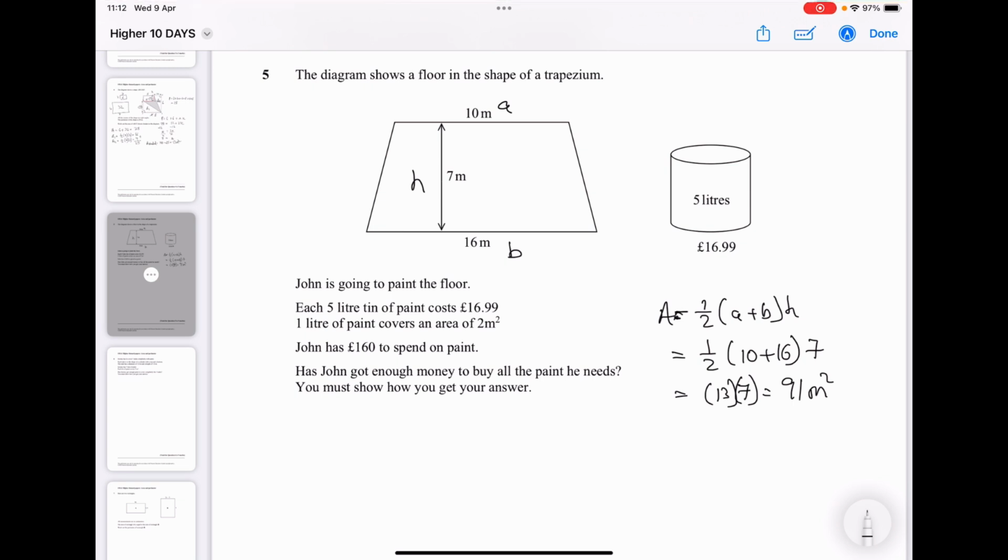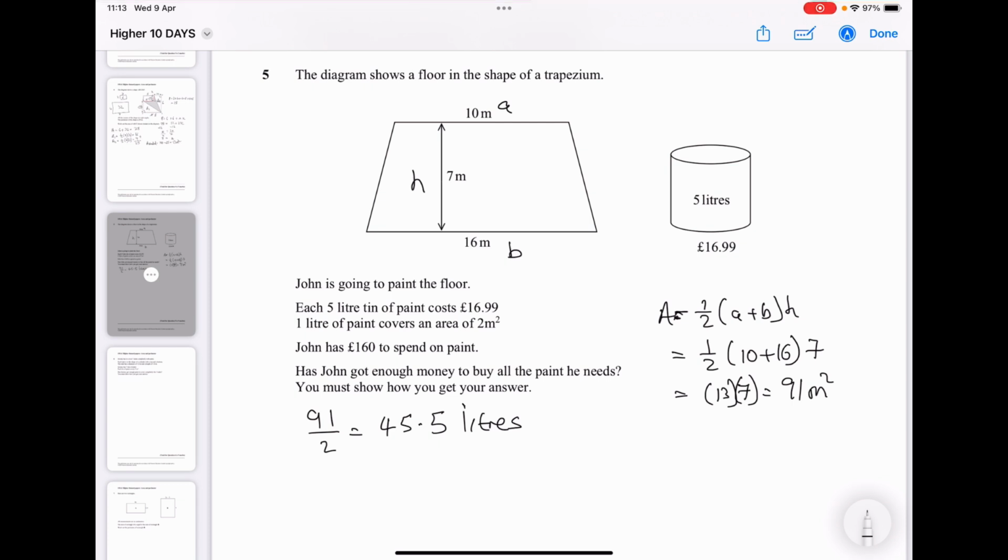So what it says is each 5 litre tin of paint costs £16.99. 1 litre of paint covers an area of 2 meters squared. So I've got 91 meters squared. 91 divided by 2 is 45.5, and that is litres.